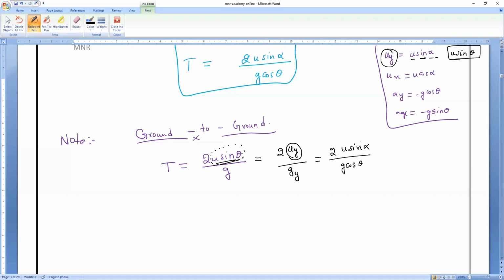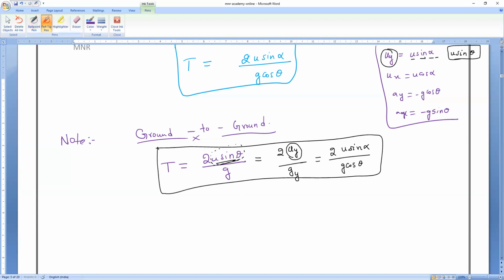So you got the same formula. Verify it, everyone: this formula and this formula. Is there any change? This is equal to this, and this is equal to this. So in concept, whether it is ground to ground or an inclined surface, the formula always remains the same.